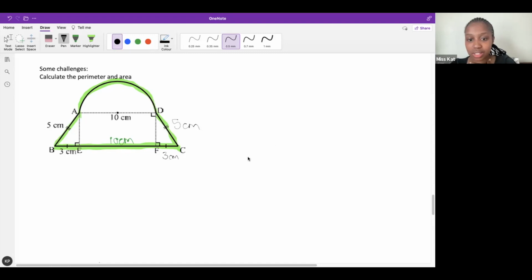Stop being distracted. One half pi times radius squared. But remember, that formula is for the what? It's for the area. Area is for inside. Do we want the inside or are we looking for the outside of the shape? We're doing perimeter.